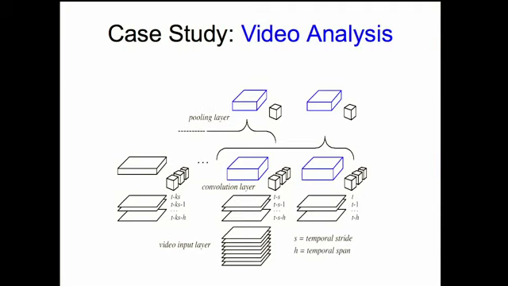I work on video and content analysis at Google, and as you might guess, moving from single images to multiple frames of images in video, thousands of frames typically, is a considerable challenge.